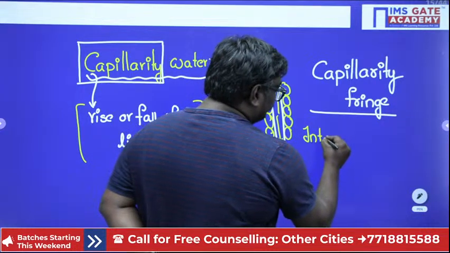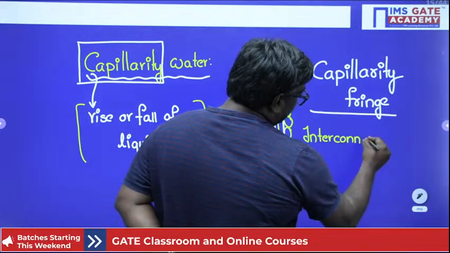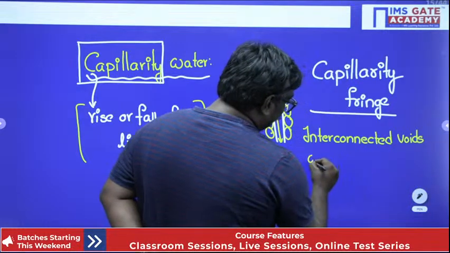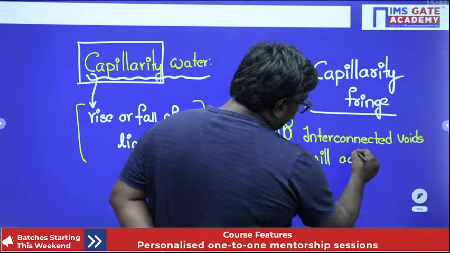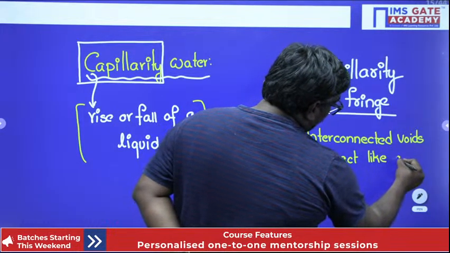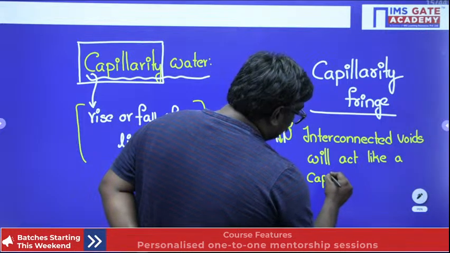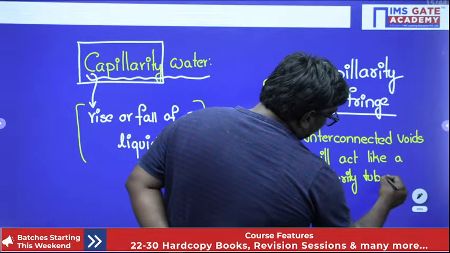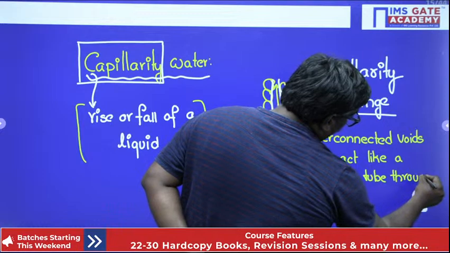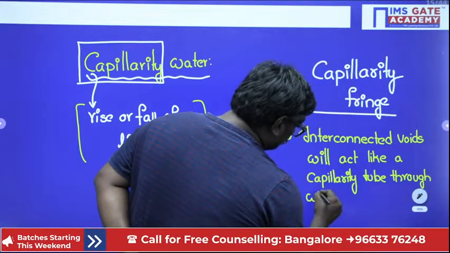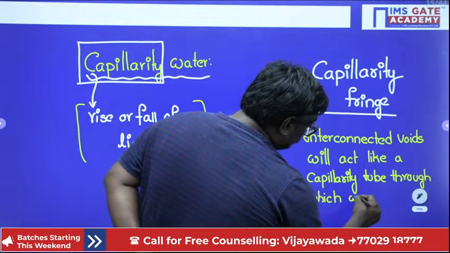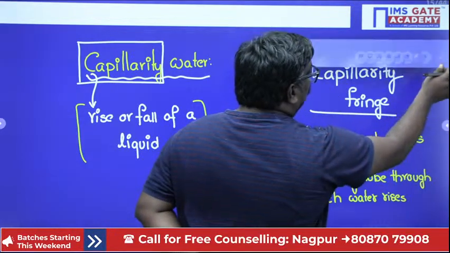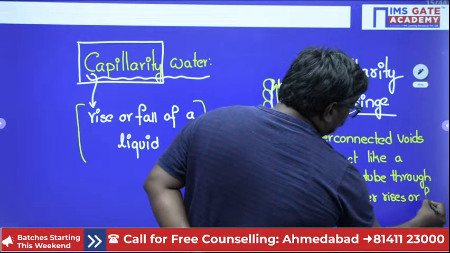So please write down here, my dear students, what do you mean by capillarity fringe? Interconnected voids will act like a capillarity tube through which water will rise or fall.